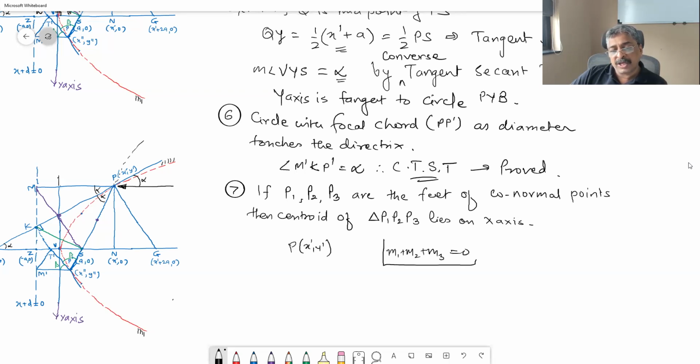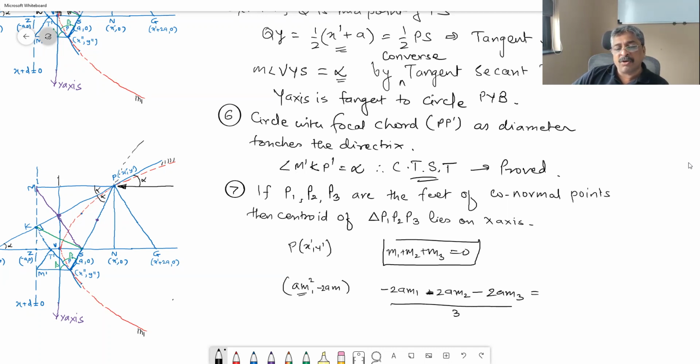We know from that equation, and as far as coordinates of the foot of normal are concerned, it is a m square comma minus 2 a m. This is the foot of normal. Therefore, if you find out the centroid, x coordinate will be some value, but y coordinate is 2am1 plus 2am2 minus, that means minus 2am3, upon 3.